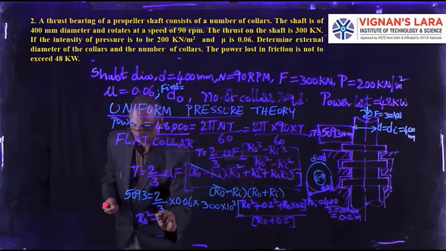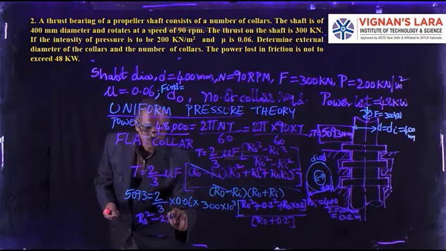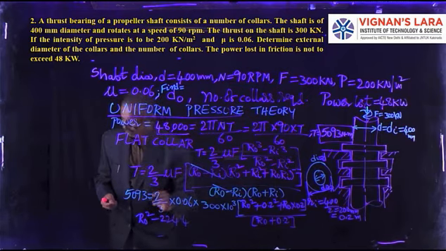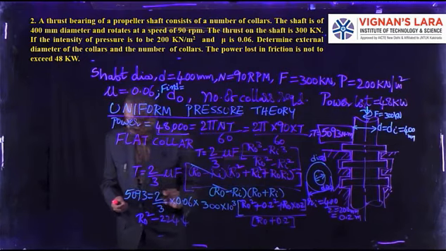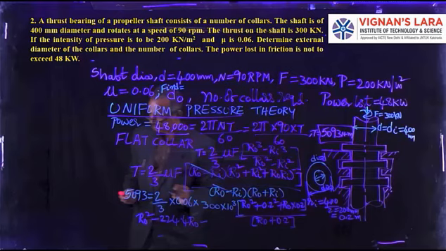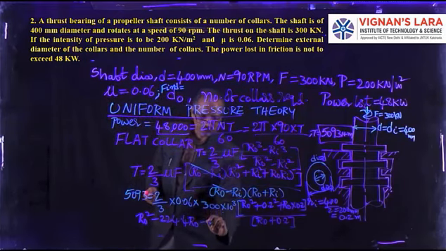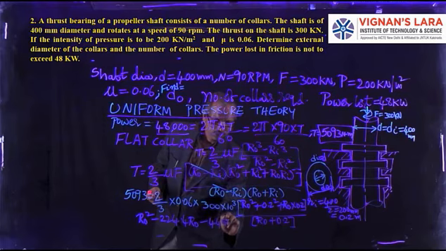minus 224.4 R0, minus a constant term also. So the constant term is 44880 is equal to 0.